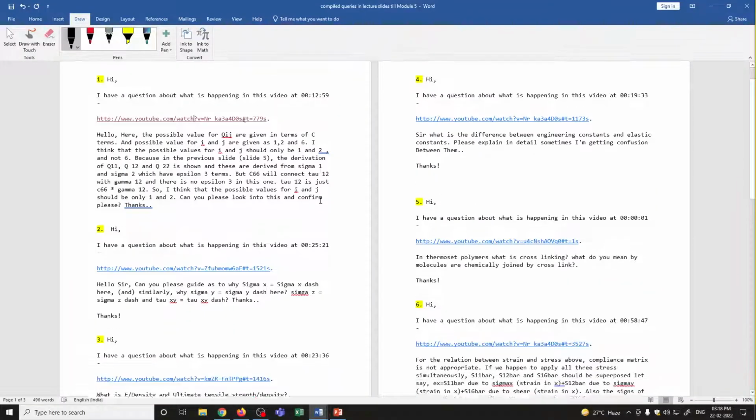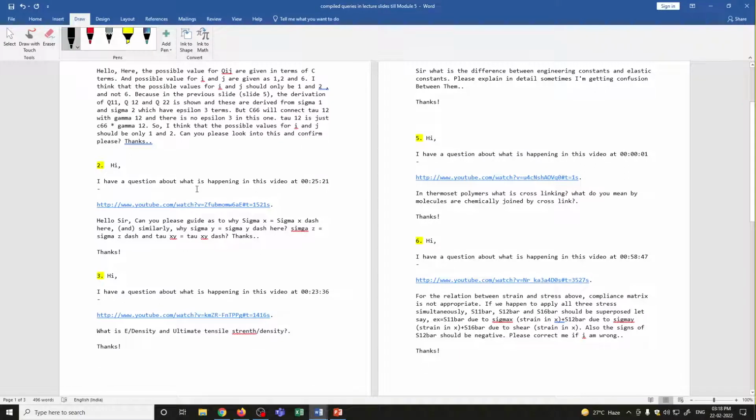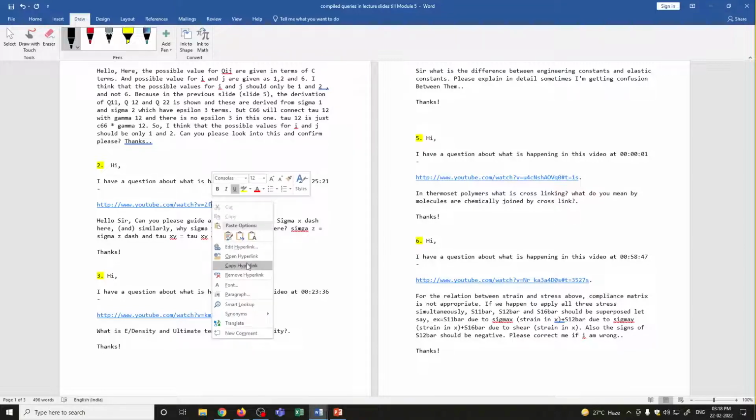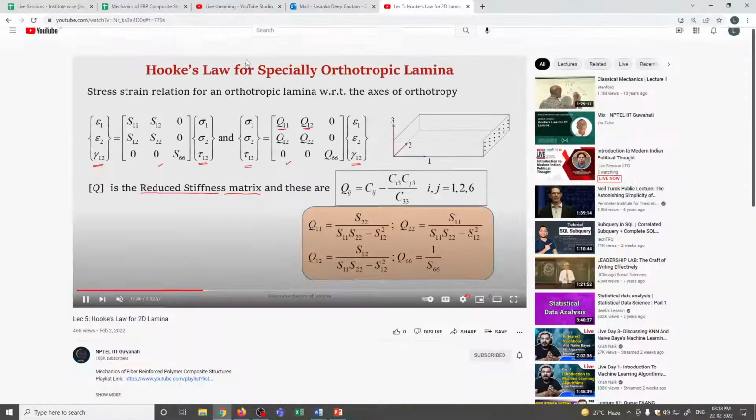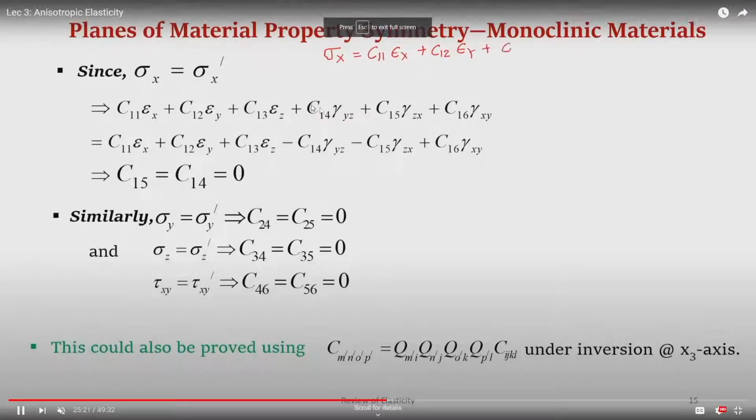So I'm coming to the next question. Next link, yeah. One of you has asked why sigma x is equal to sigma x dash, why sigma y is equal to sigma y dash.